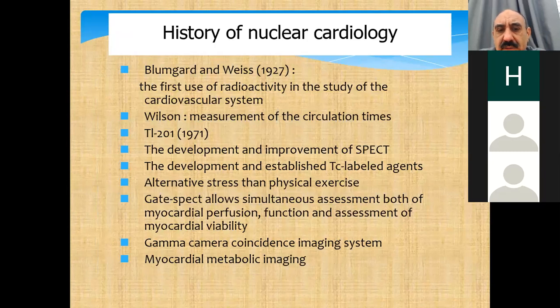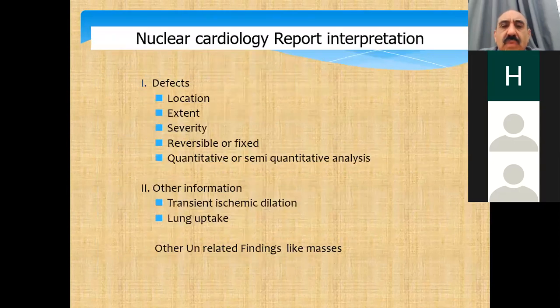Thallium-201 was used in 1971, and myocardial metabolic imaging was used in the last 10 years. What do we do when we report on any nuclear cardiology report or interpretation?